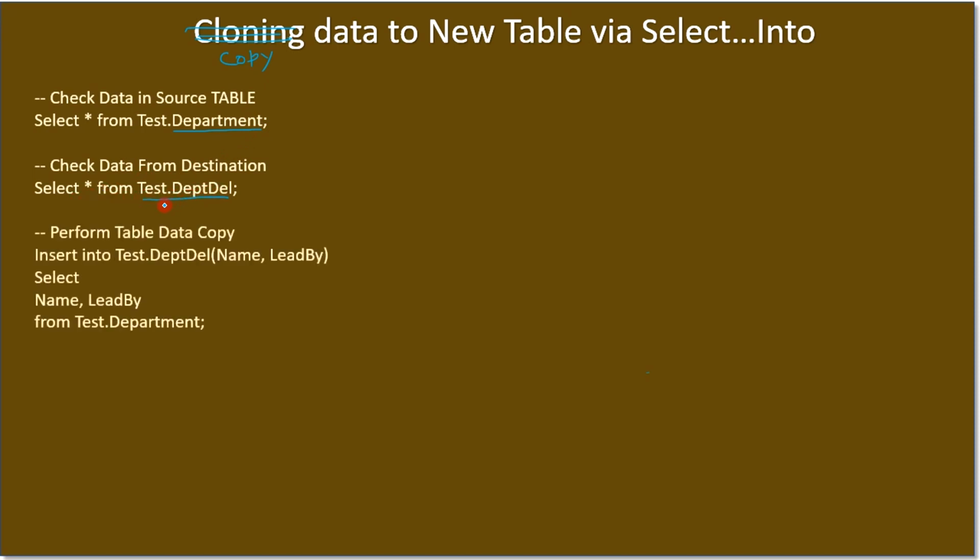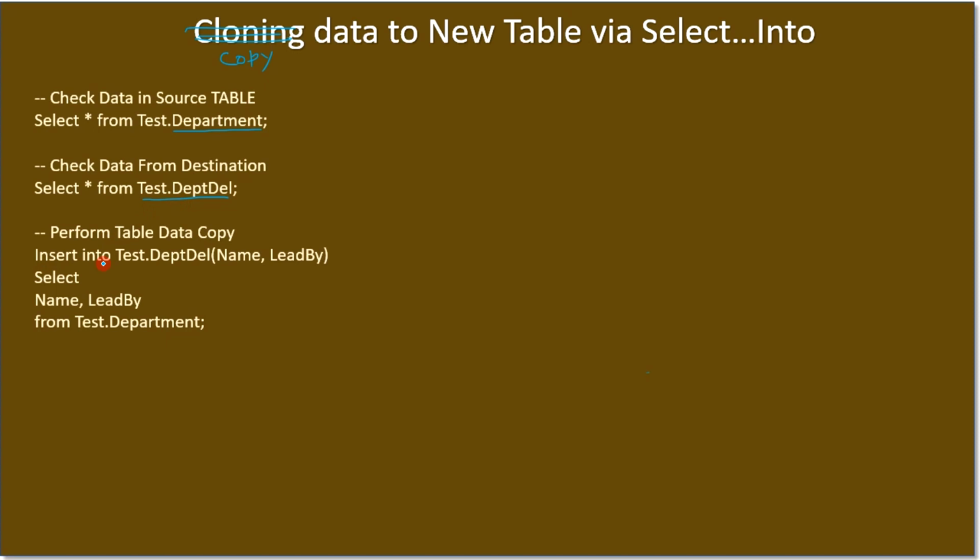So we use the same test.department. In the last video we deleted the content, so that we can test select star from test.department del. Now here, we are using the insert into syntax. For this reason, the target table should exist.